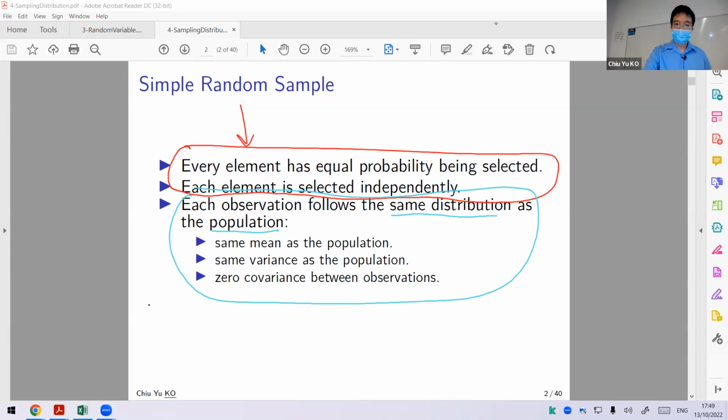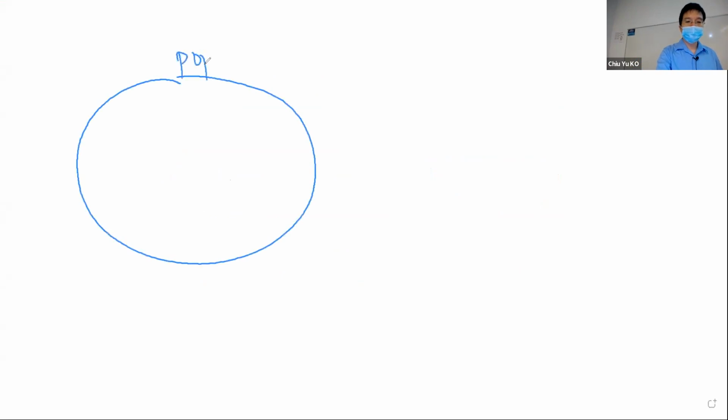Let me use the whiteboard. You can imagine the following case: your population is something you want to study. Maybe you want to study the income of people in a village.